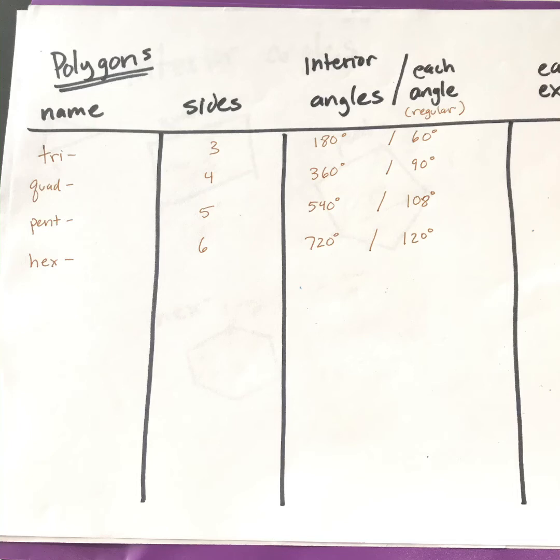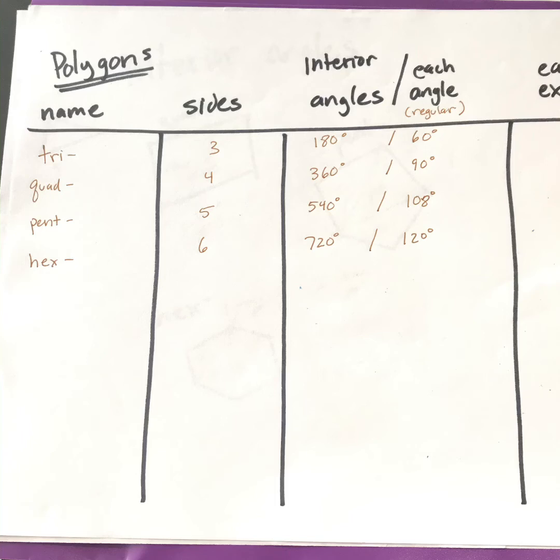So the 60 at the top right is the 180 degrees of a triangle divided by the three sides. And the quadrilateral is the total 360 divided by four sides, which is also the same number of corners, vertices, that we have. And then 540 divided by 5 gave us a 108 degree angle for the inside.